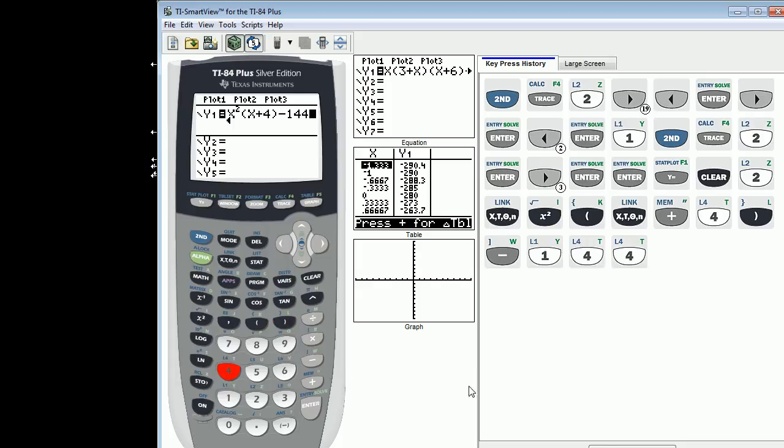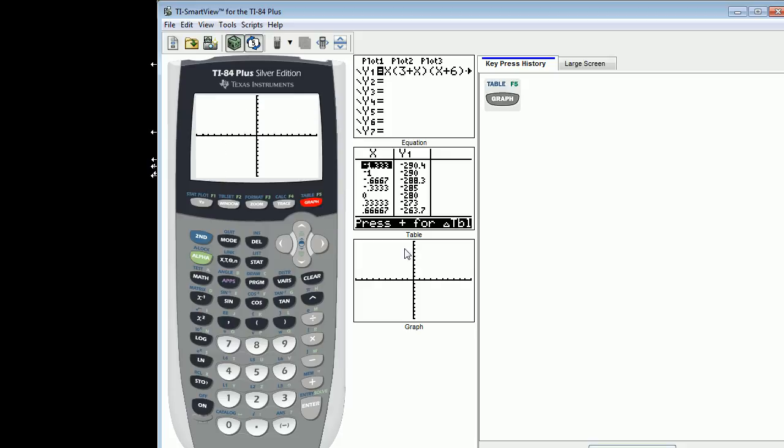Second trace, zero. Alright. This one's not perfect. It looks like it's close to 3, but it doesn't go exactly through 3. So this is where that zero button is really important. So let's see if you can figure out what this is.